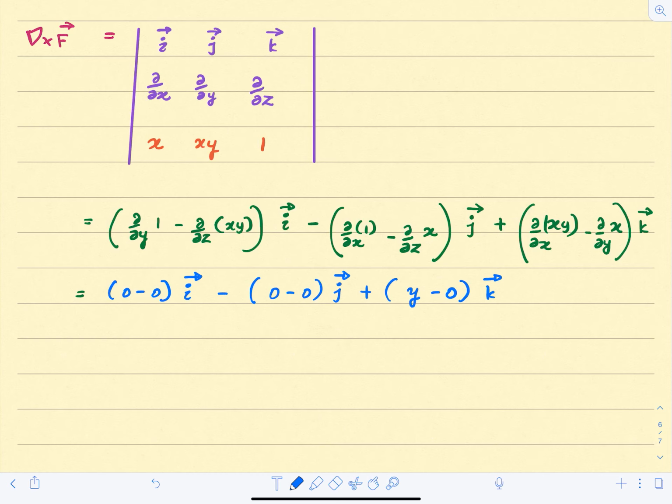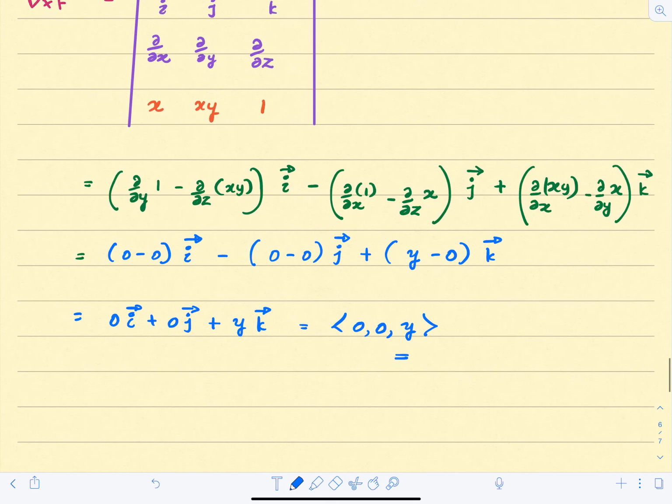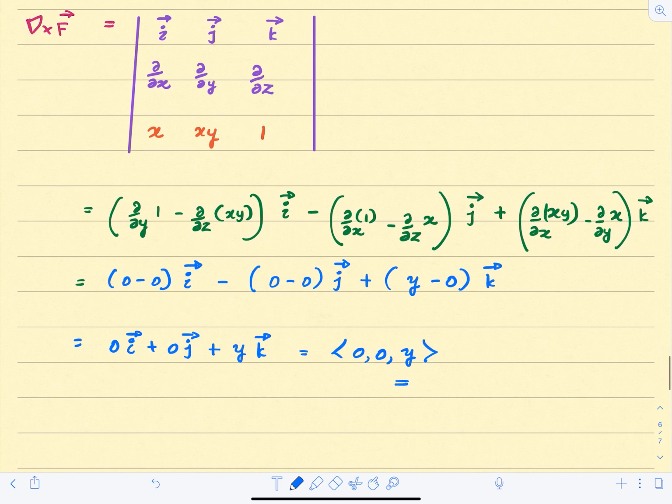If you simplify this, you should get 0i plus 0j plus y times vector k. As you can see, when we take the curl of a vector field, the result is a vector quantity, because curl comes from the cross product of two vectors.